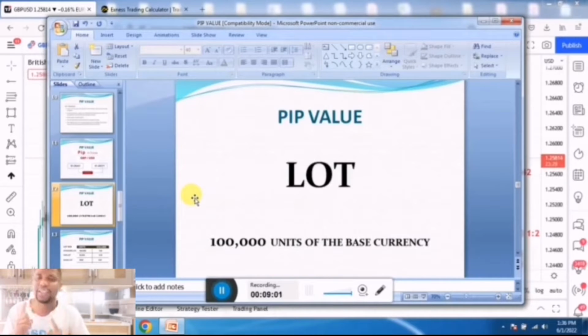Of the base currency. So remember that when you're trading forex, we trade currencies in pairs. So the base currency is always the one that is on your left hand side. So this is the base currency. So a lot is the 100,000 units of the one that is on your left hand side. Okay, so let us make an example of what is a lot.